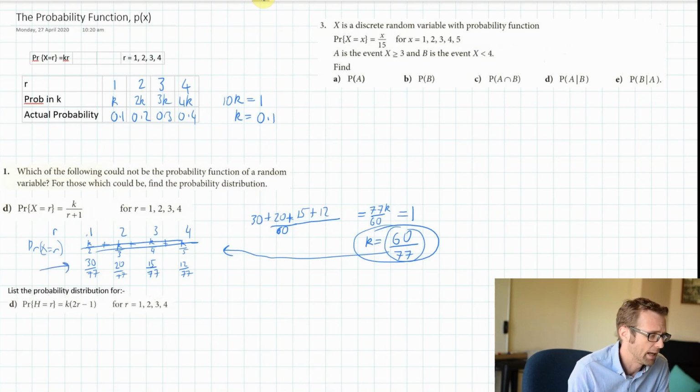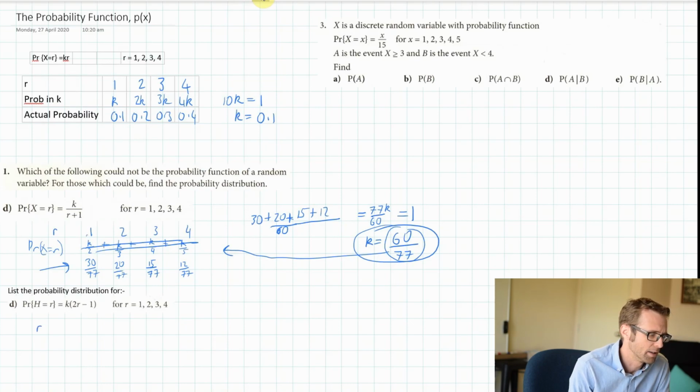Okay, now we're going to do D from part 2, I think. List the probability distribution for this probability function. Probability that h is equal to a value r is equal to k times 2r minus 1. So again, let's just list our possible values.